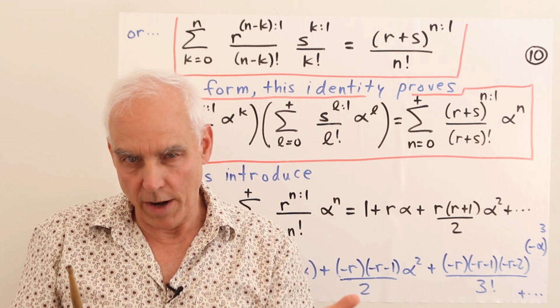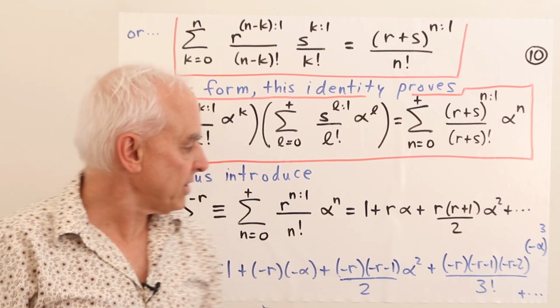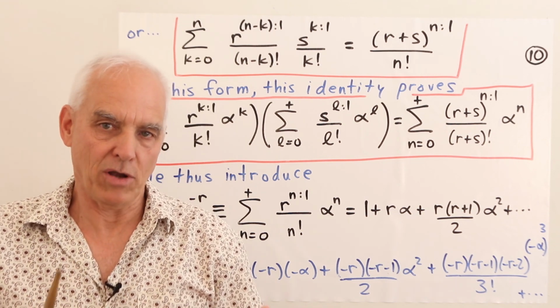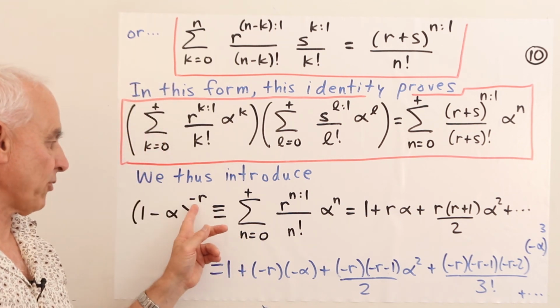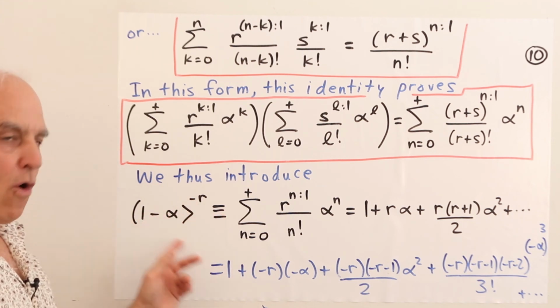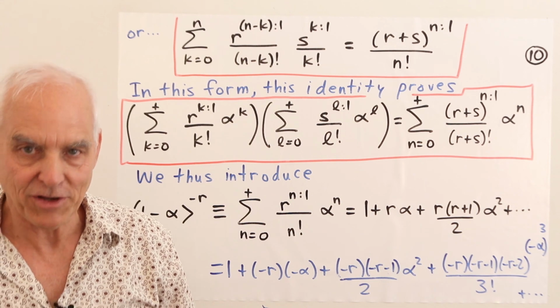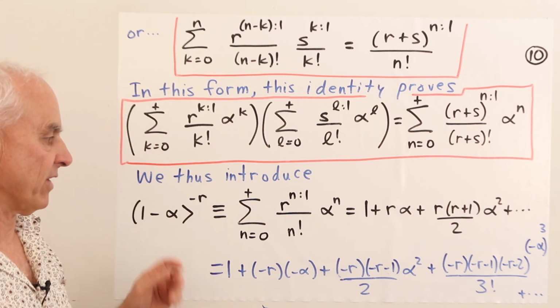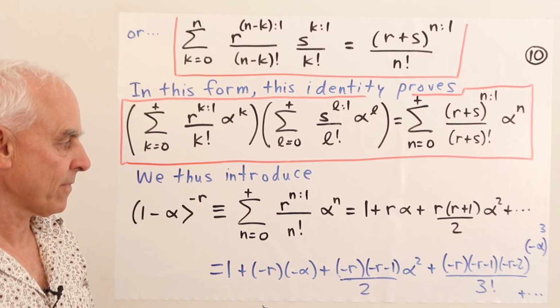And the third one introduces these things which we might call Newton reciprocal Pauli series, because there's kind of a reciprocal, but there's actually a minus sign here. So you could also think of this as 1 over 1 minus alpha to the r if you wanted to, and sometimes we'll see that that's an advantageous way to look at it.